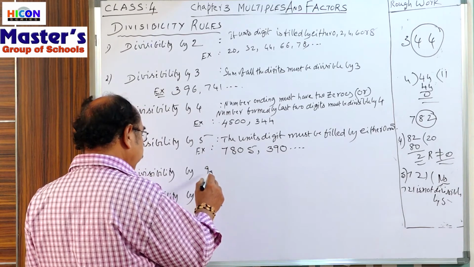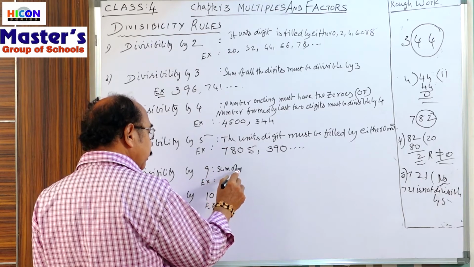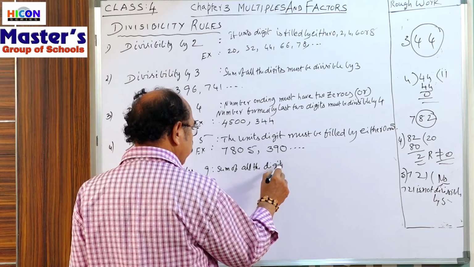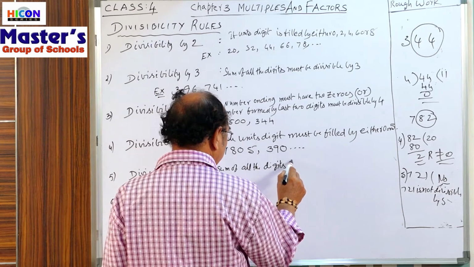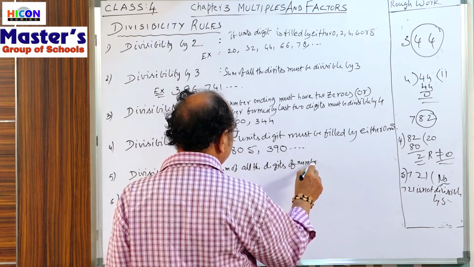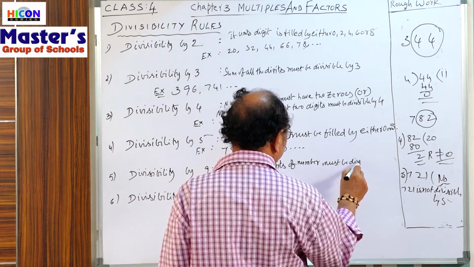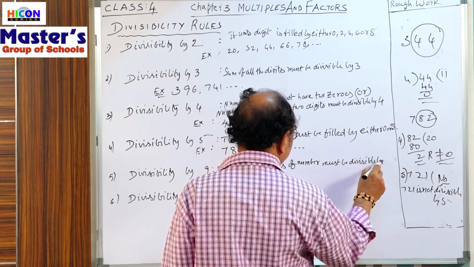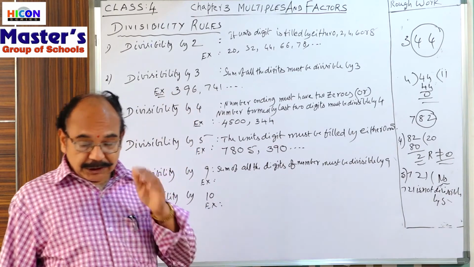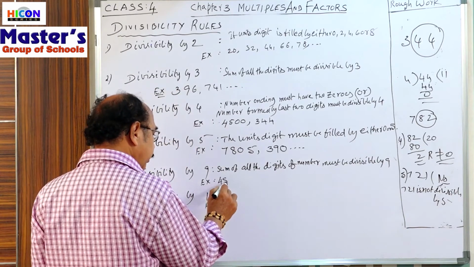As a shortcut here we write: the sum of all the digits of a number must be divisible by 9. So, just for example, we take 489.